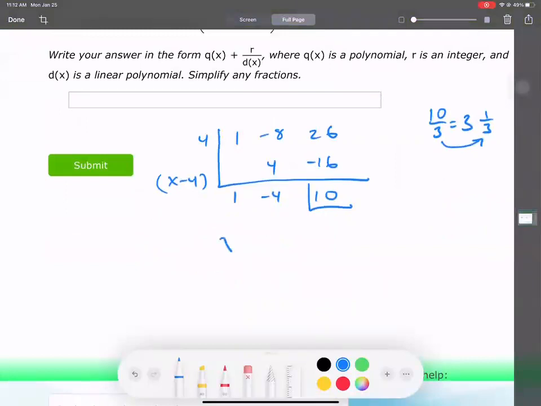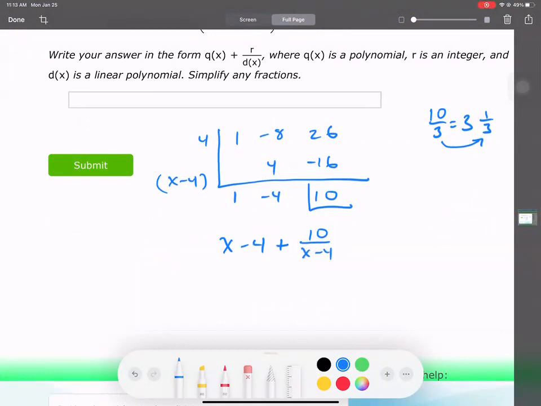We're going to rewrite this as x minus 4, this time plus 10 divided by x minus 4. And this is how our answer is going to be written. I tried to divide, it didn't work, we have a remainder, so we're stuck with it.